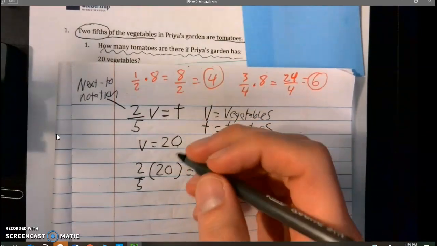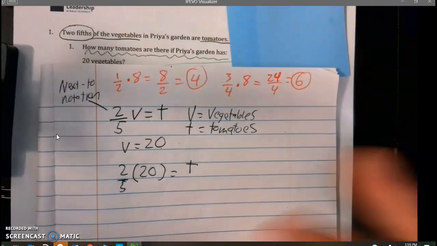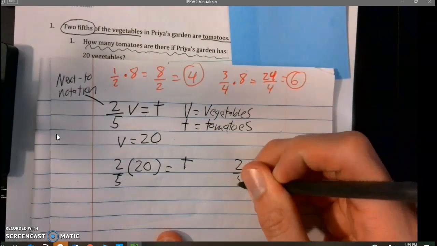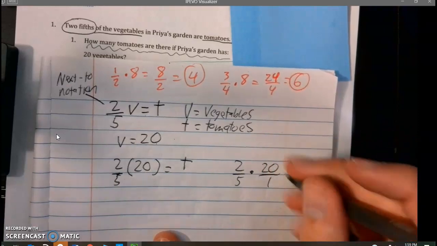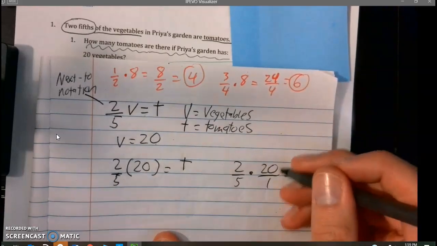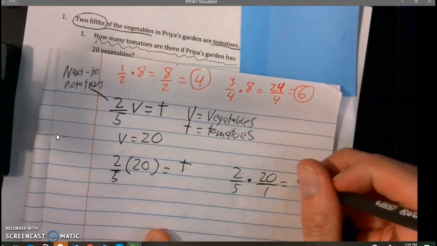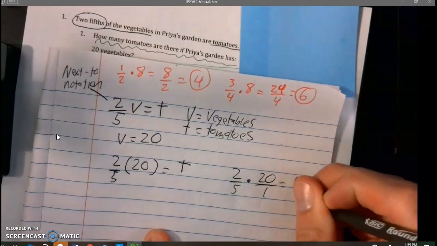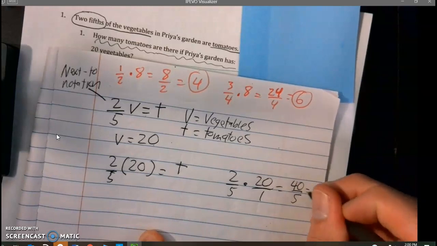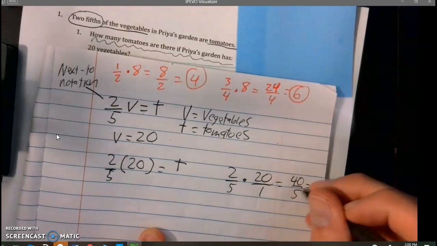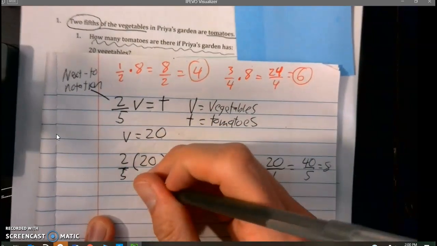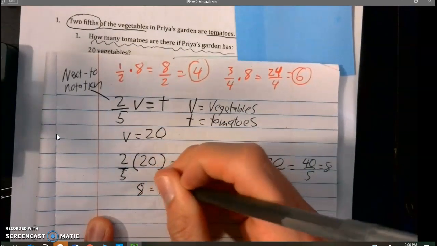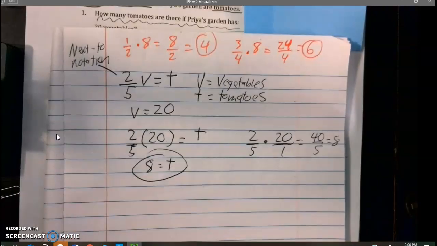And so once again, if you ever want to multiply a fraction times a whole number, remember that any whole number could just be written over 1. Right? So 20 and 20 over 1 are the same thing, and then you simply multiply across. That would be 40 over 5. And to simplify that, fractions are division, and 5 goes into 40 evenly 8 times. So I would get 8 equals t as my solution.